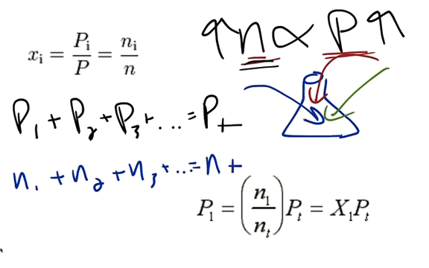What we can use that for then, and I'm going to erase this for just a moment, is this will tell us that the pressure of gas 1 over the total pressure is going to be the same fraction as the moles of gas 1 over the total moles.